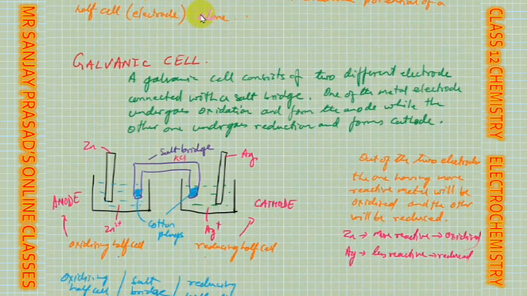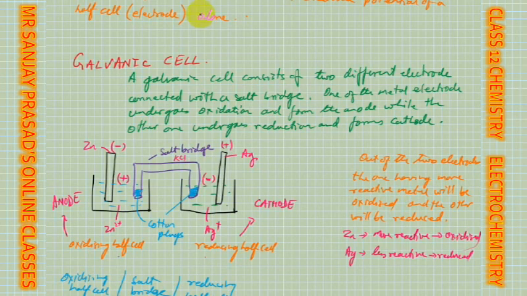First one is an anode. So anode means the metal rod here is negative and the solution is positive. This is a cathode. In cathode, the metal rod is positive and the solution is negative.